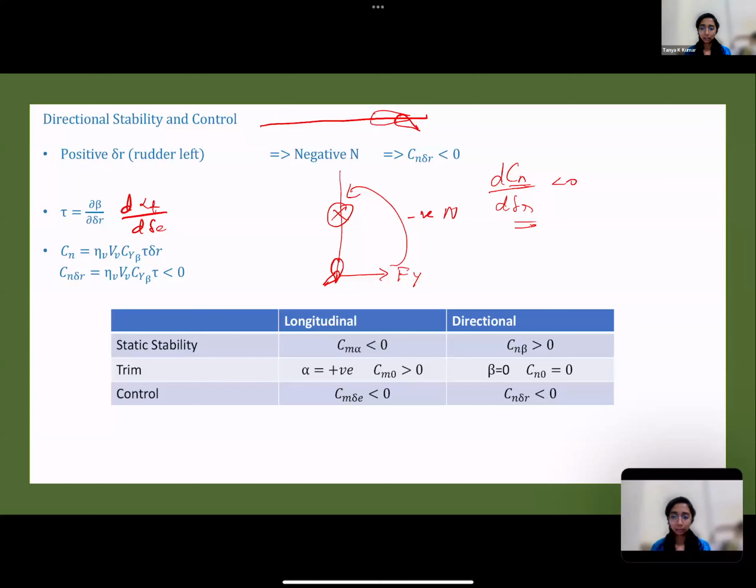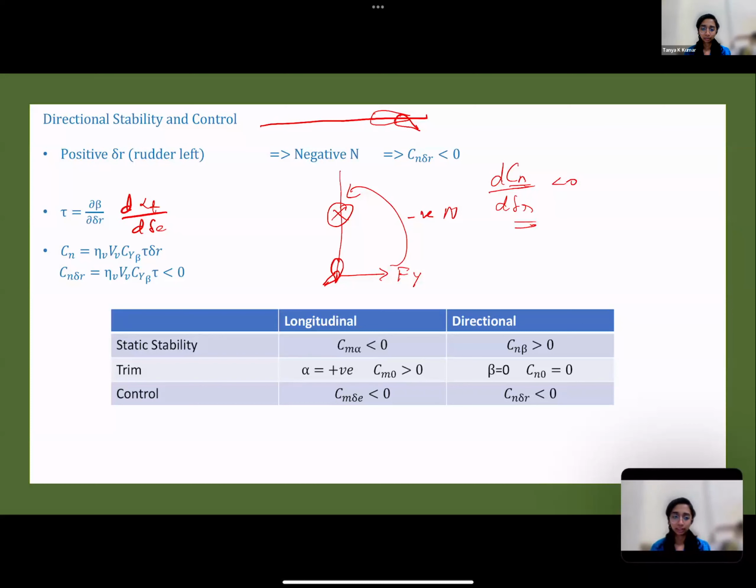What was the convention? If I deflect the elevator down, was it positive or negative?